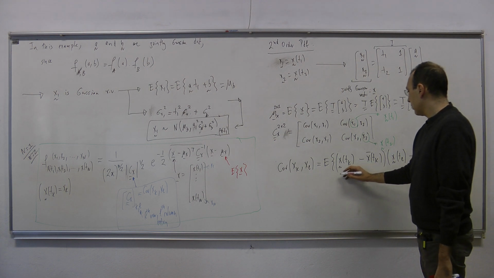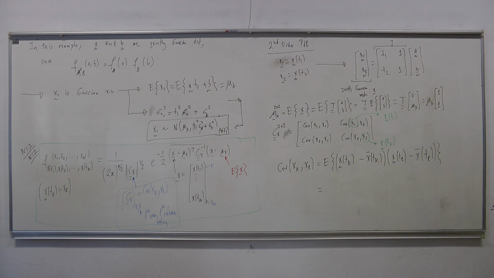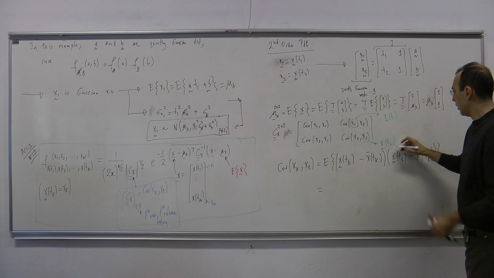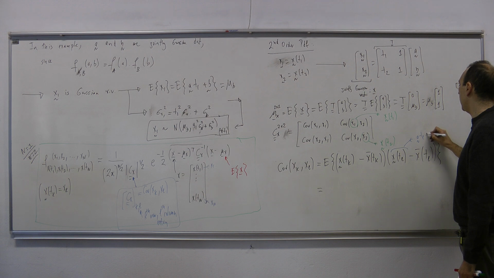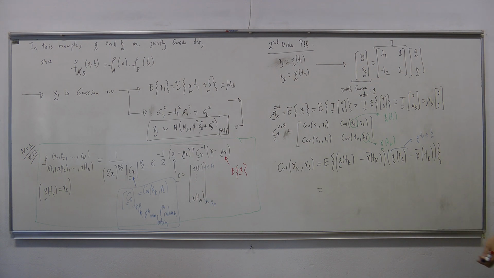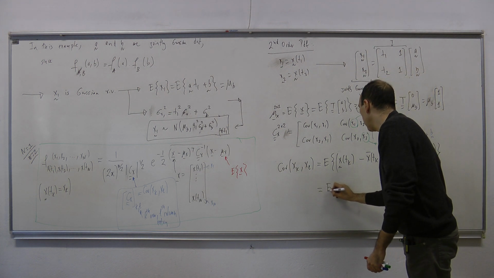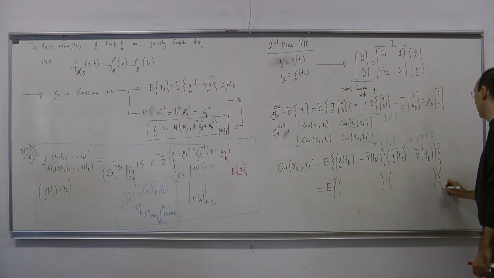Now, how about this part? So if I subtract the means, what do I have? Well, this random variable is a tl plus b. Okay. So let me write this parentheses and this parentheses like this.